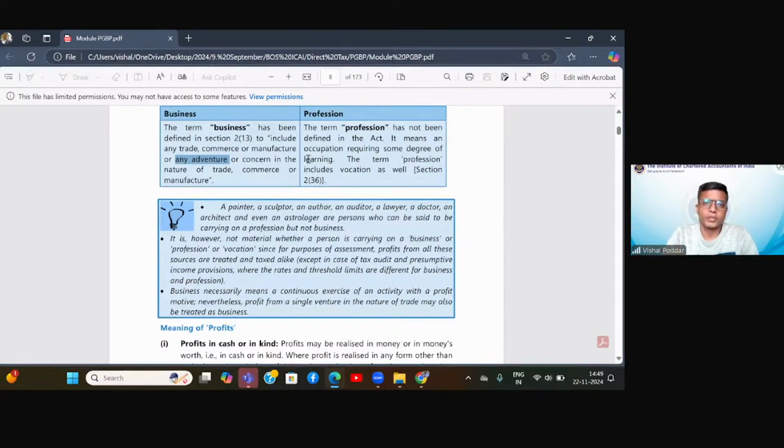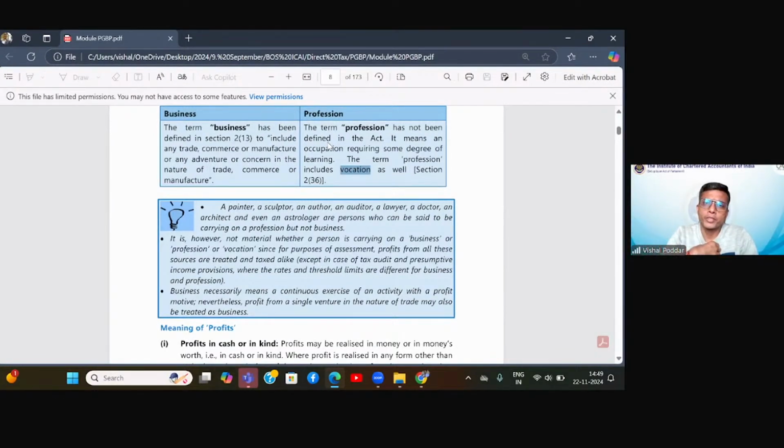Now, the term profession includes vocation. What is vocation? Vocation is where you are engaged in a profession which is a lifestyle also. When your lifestyle is linked with profession, that is, whatever is your profession defines your living habits and lifestyle, that profession is called vocation. Example, people who are doing puja, that is Panditji: if you observe, even their dressing and daily routine match the work they are doing.